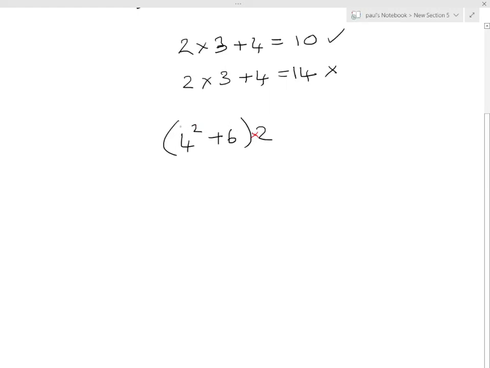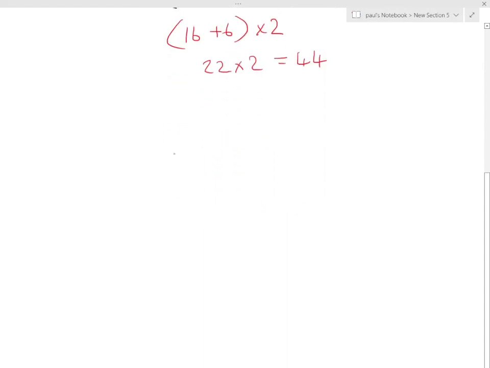But in order to do the brackets, we have to do everything inside the brackets. So 4 squared is 16, because squared is 4 times 4, plus 6, and we're still in the brackets, times 2, and that is 22 times 2, which is 44. So BIDMAS gives you the general idea of what to do and when, but you have to use a bit of common sense that we've got to do the brackets first, and in order to get rid of the brackets we have to do everything inside the brackets.